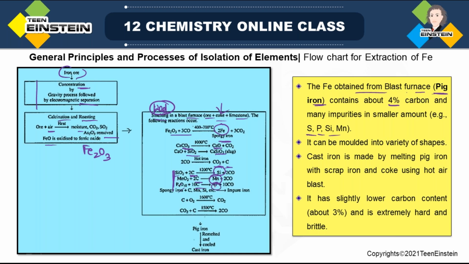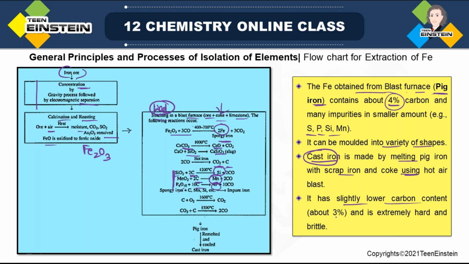So this pig iron can be molded into a variety of shapes, and from pig iron we make cast iron. How do we do this? Cast iron is made by melting pig iron with scrap iron and coke using a hot air blast. That means cast iron is comparatively more pure than pig iron, and it has a slightly lower carbon content.